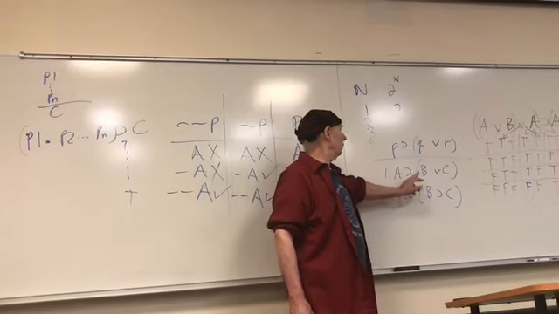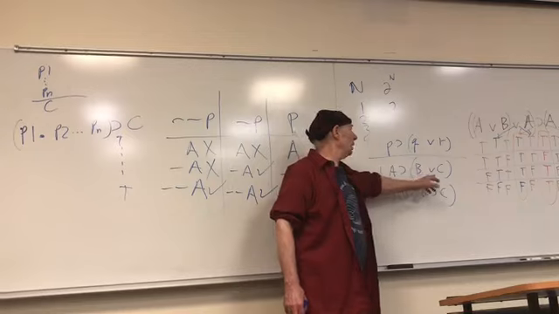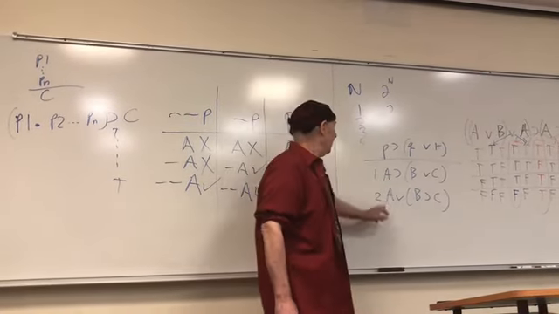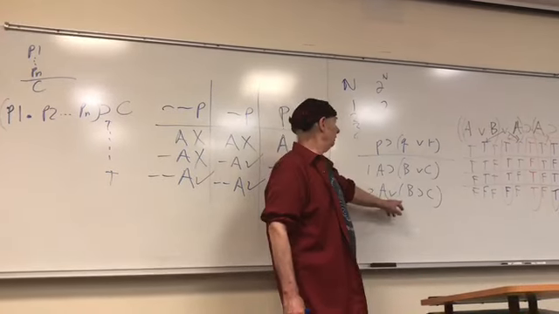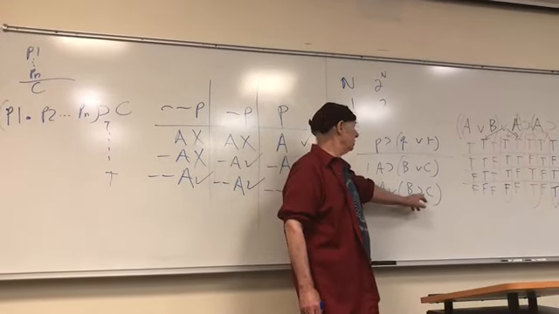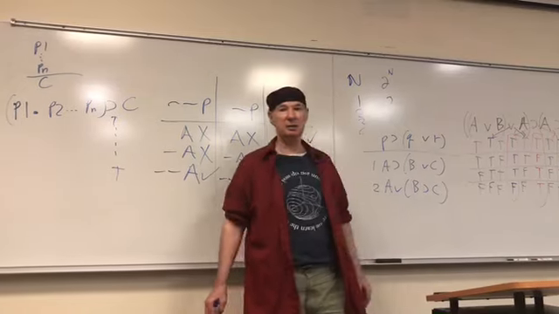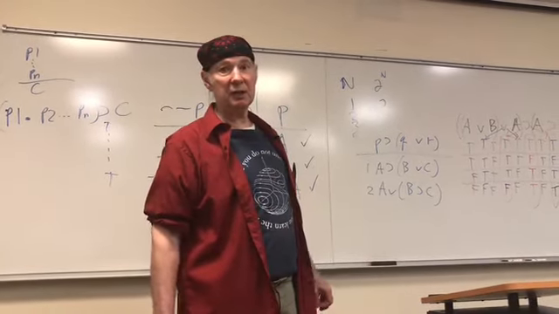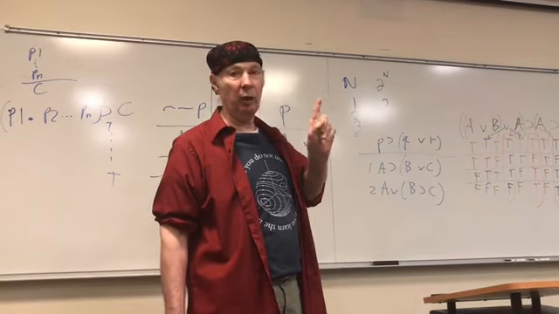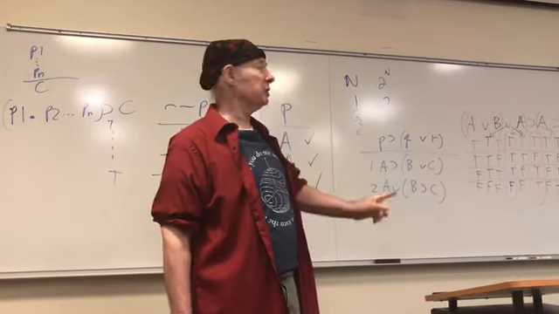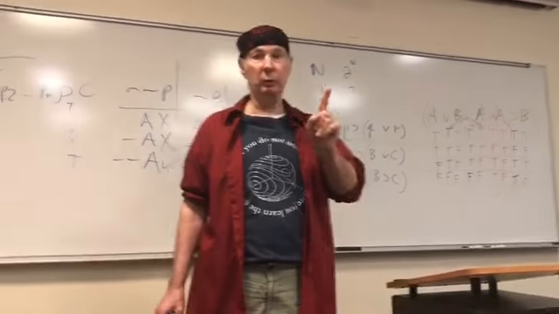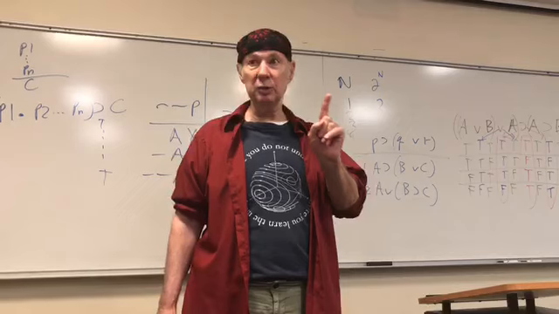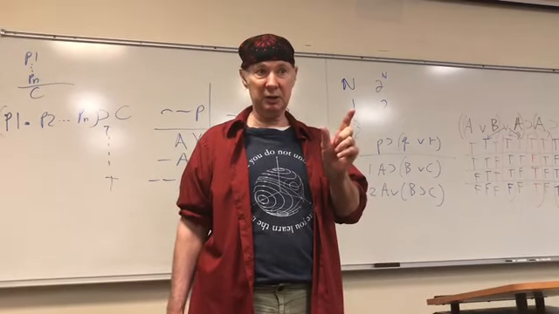A horseshoe, left parenthesis, B wedge C, right parenthesis, and A wedge, left parenthesis, B horseshoe C, right parenthesis. Notice, both of those sentences have one horseshoe and one wedge. And the sentence form has one horseshoe and one wedge. However, only one of the two sentences is a substitution instance.